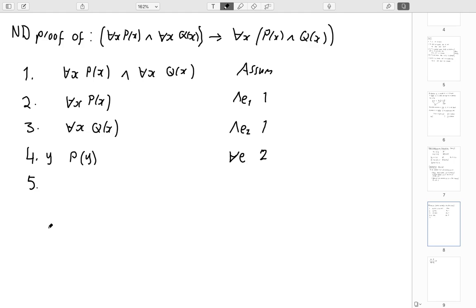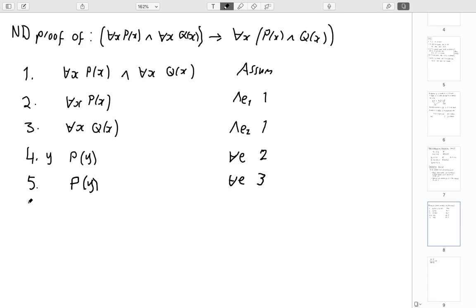So in particular, that one holds for y as well. We already have the variable y available. We don't introduce it twice. We introduce it once. We've already got y, and y is a term. So we can substitute y for x in the formula Qx, simply replacing x with y. So this is again for all elimination, and this time it's from line 3 of the proof.